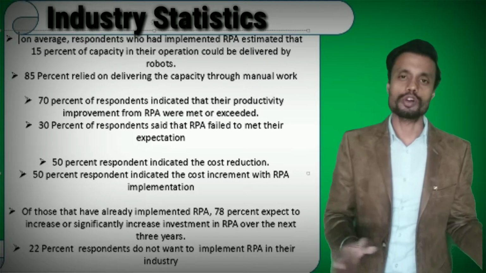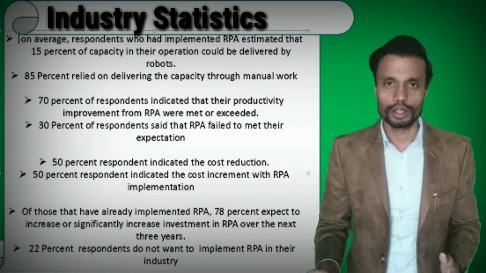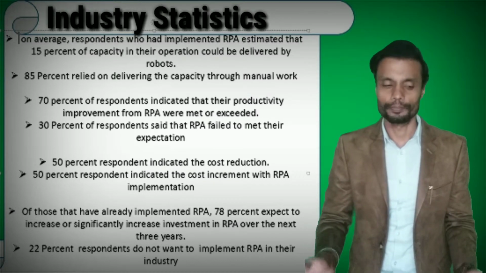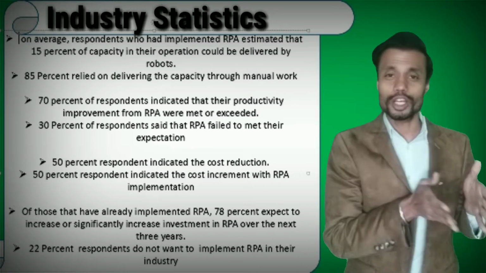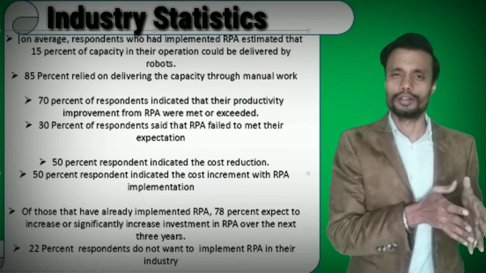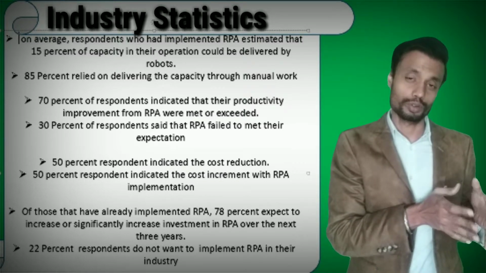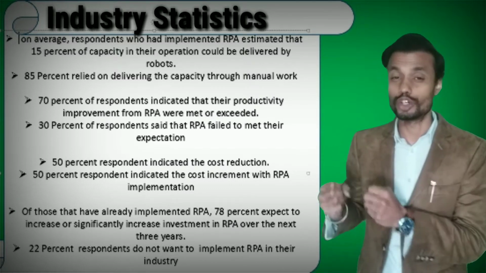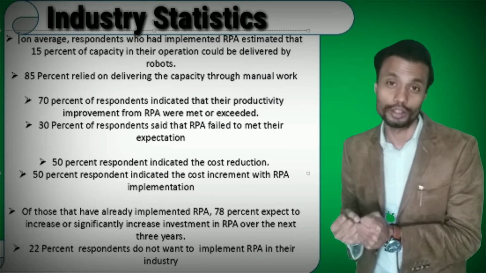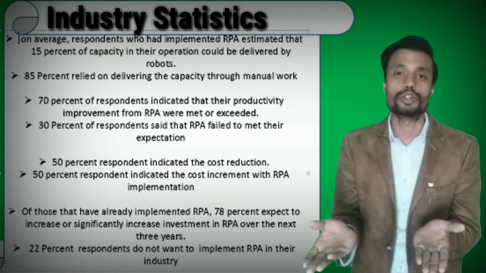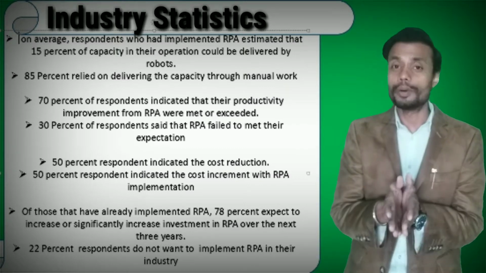So if not 70-30, it could be 80-20, but the margin of percentage would remain the same. There is one segment, that is 50% of industry market standard, says there has been a cost reduction through RPA. The other 50% would say, no, RPA is more of a cost intrusive. It has taken a cost rather than giving a cost reduction. So it's a 50-50 ratio.